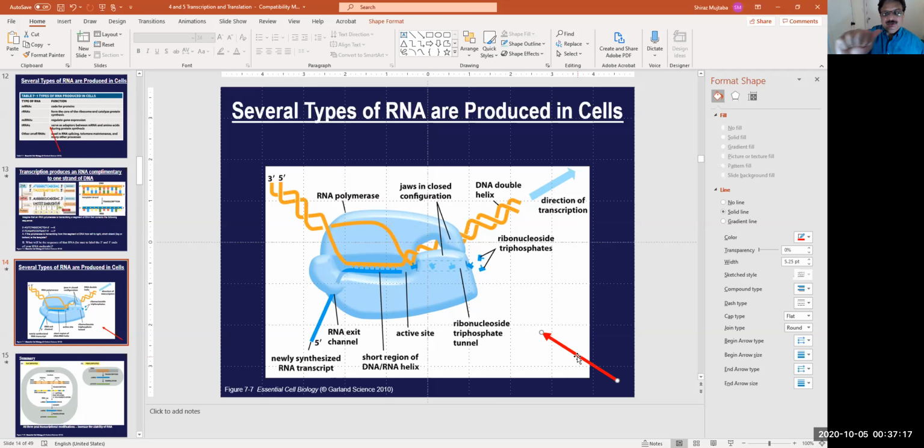So RNA polymerase slides across the DNA, and on one hand the ribonucleotides are coming, and from the other end the nascent RNA is being synthesized, right? But what is the law here? The law is complementarity, that A will code for U, G for C, T for A, and U for A. Right?